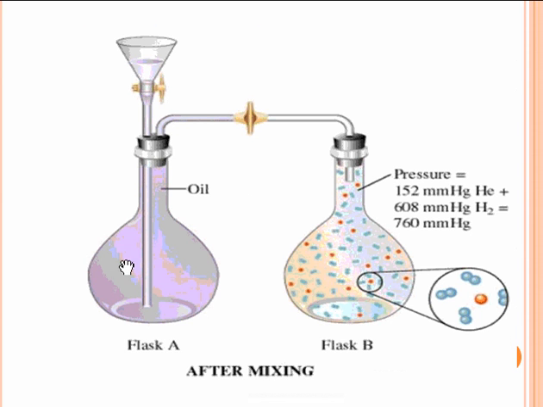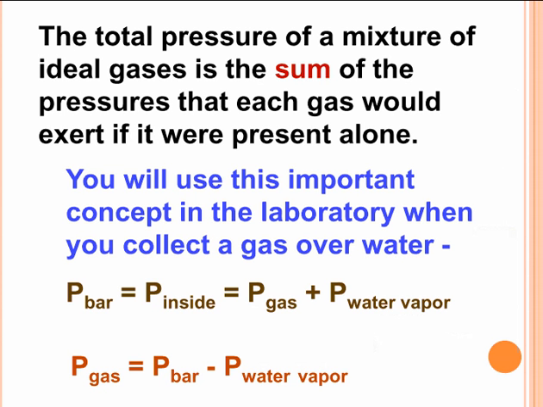And then if you combine them into one, you have 152 and the 608, and that gives you a total of 760 after they're mixed. So basically, the total pressure of a mixture of ideal gases is the sum of the pressures that each gas would exert if they were alone.